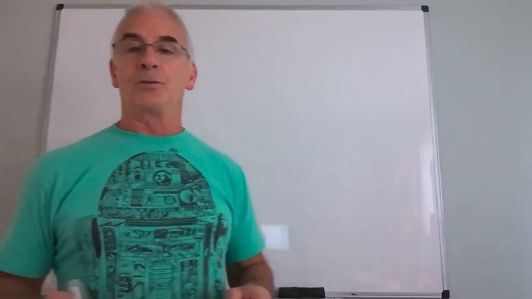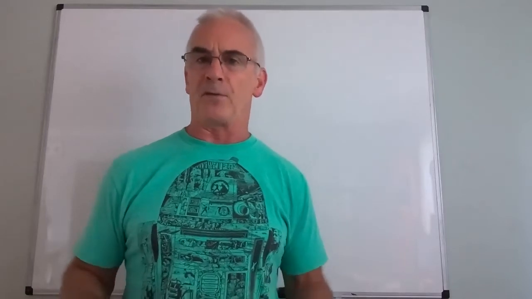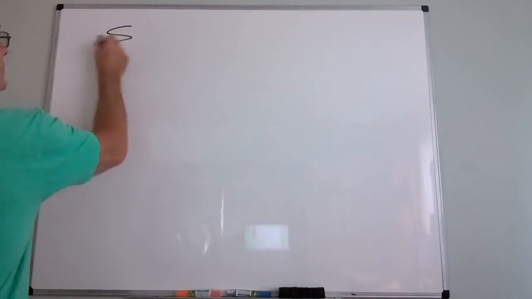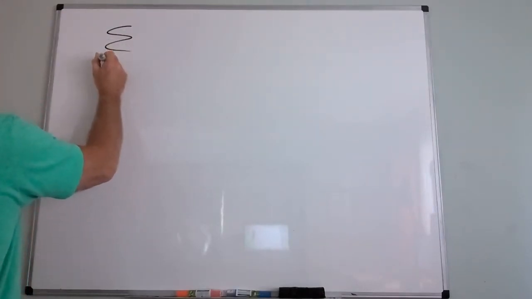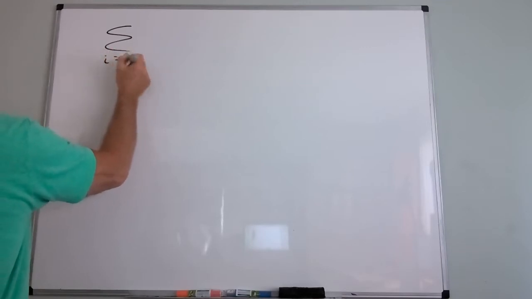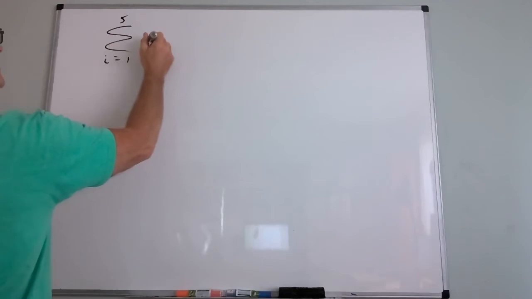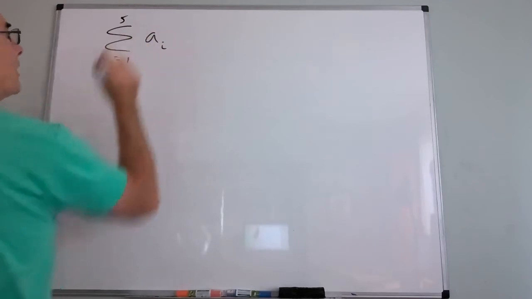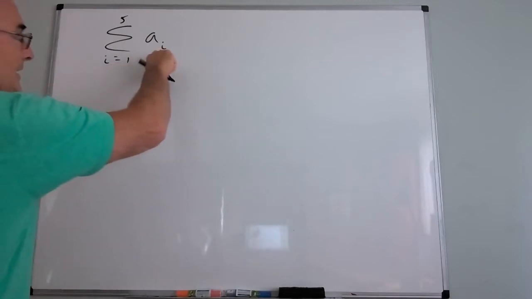So in order to do this, I'm going to review some stuff that you may never have seen before involving what are called summations. So this notation is called a capital sigma. And if I said I want to do i equals 1 to, let's say, 5 of a sub i, and that's how we actually say it. i is called the index.